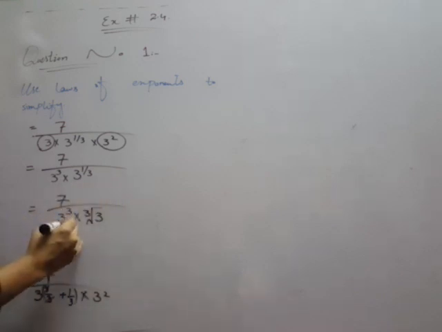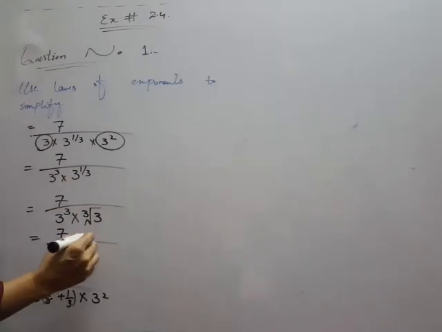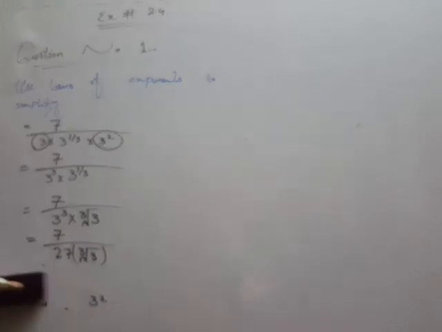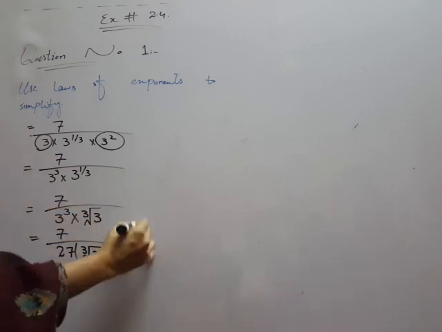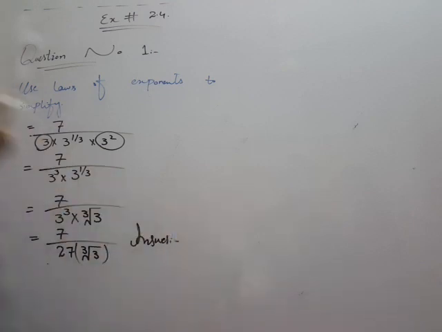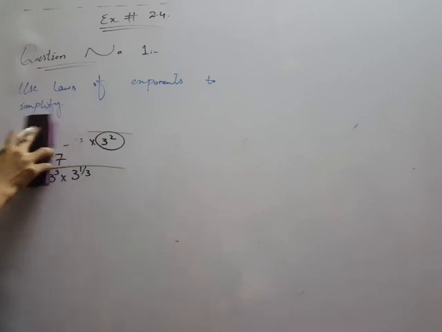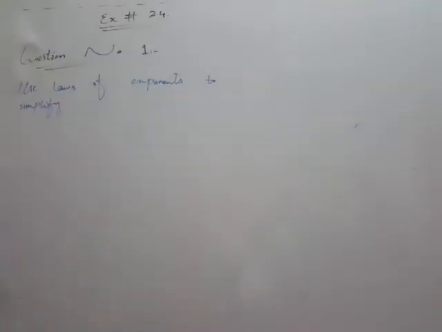So 7 divided by 3 cube: 3 threes are 9 and 9 threes are 27. This is the simplification of the first part of question number 1, and this is the final answer. It cannot be simplified further.